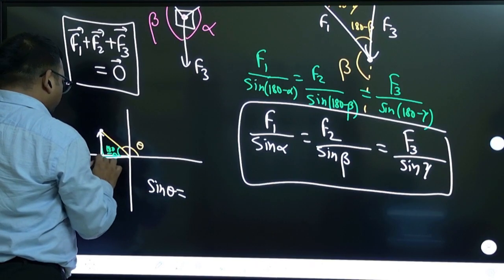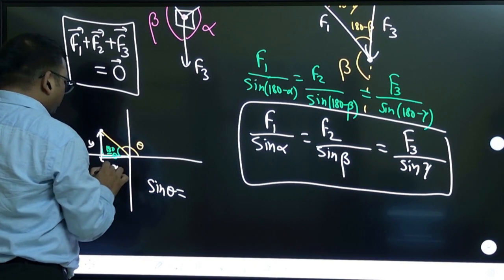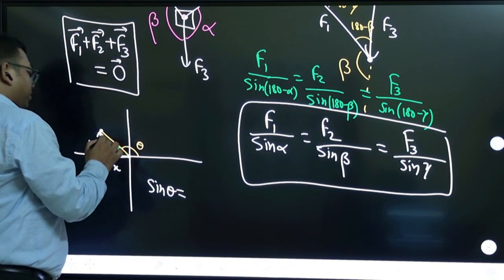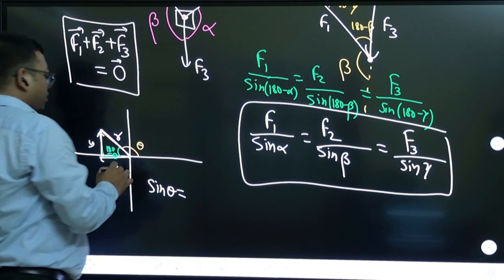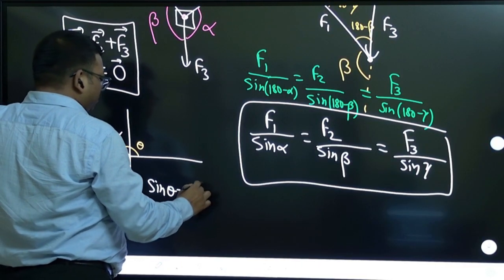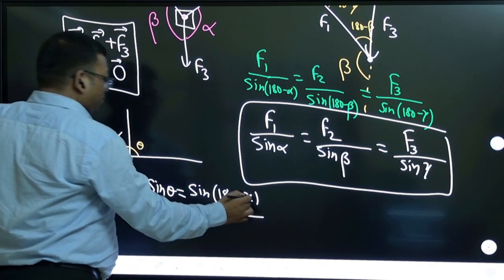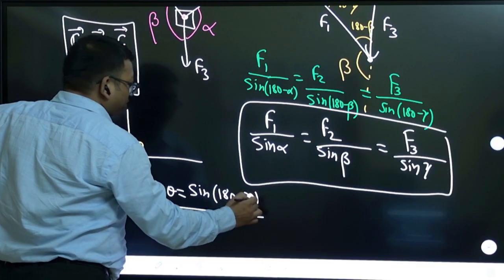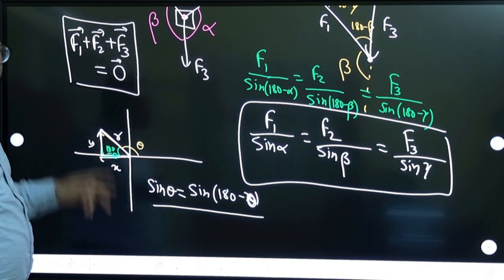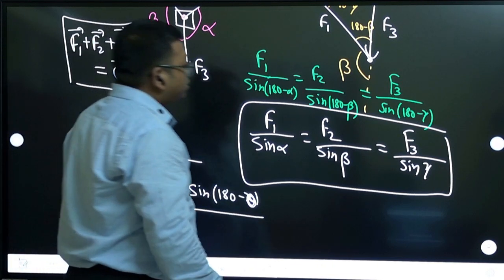Let us say that this is x and this is y. But x will of course be negative this side. Y is positive. Hypotenuse is always positive. So this sine theta is going to be same as sine 180 minus theta. That's what it is. Second quadrant, sine is positive, right? So that's how it is coming.